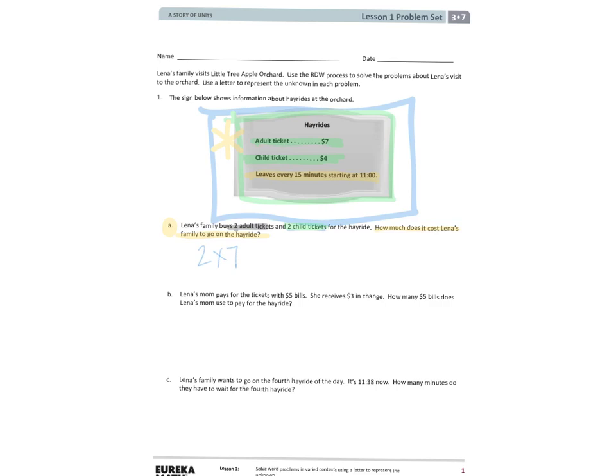And then I also know that Lena's family needs 2 child tickets. So I'm going to write 2 times 4, because a child ticket costs $4. And I'm going to use those parentheses that we talked about way back at the beginning of 3rd grade with a plus in between.